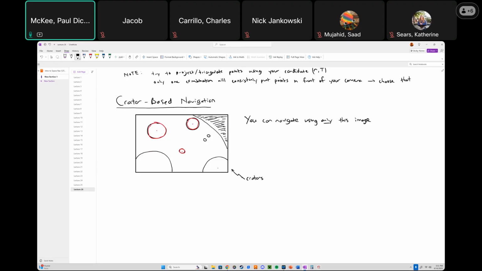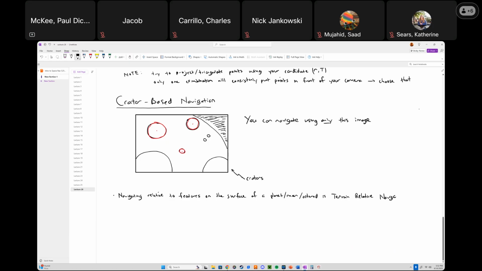First of all, I'll mention that navigating relative to features on the surface of a planet, moon, or asteroid is called terrain relative navigation, or TRN.